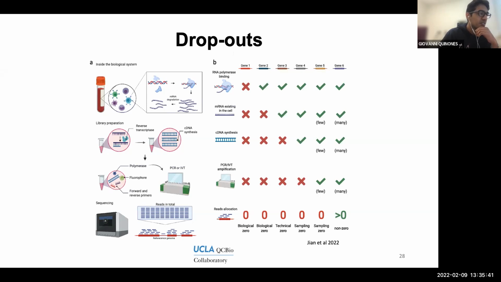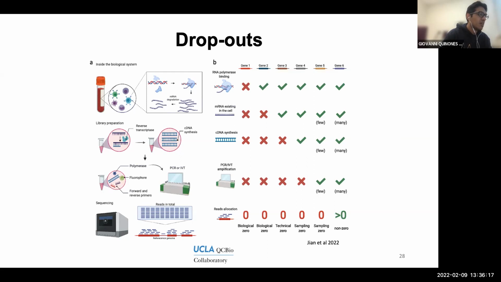Here we're going to review a little bit of what the dropouts are, what the zeros in our data are, and why this name may be a little misleading. This is a figure from a review paper that was published this year, by a group at UCLA. In this review paper, they look at the sources, either technical or biological, of zeros in our data.